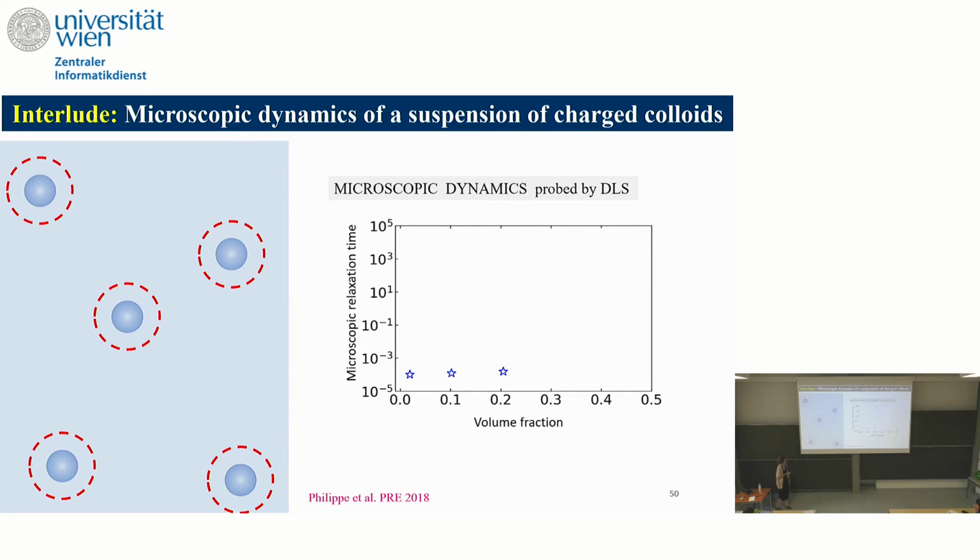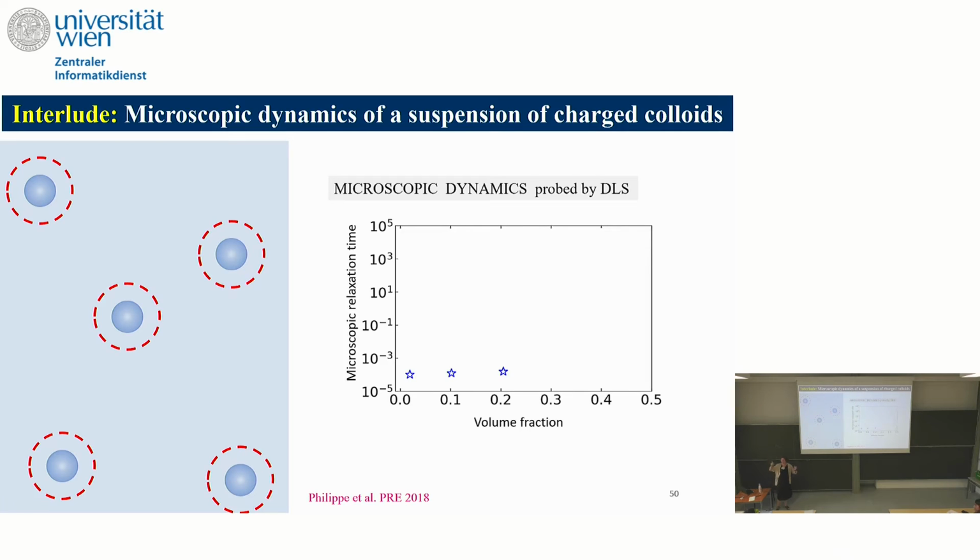This is a paper from Luca, which was measured in the same conditions, but in capillaries with a fixed and controlled volume fraction. You look at the microscopic relaxation time, which is the one that we compute and I showed you before. At low volume fraction, you are in the dilute regime, and the diffusion coefficient is independent of the concentration of particles.